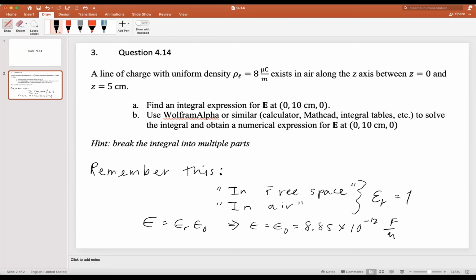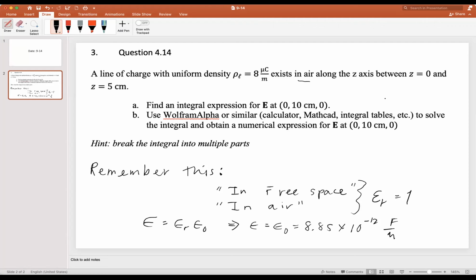So when you're reading through a problem and you see something that says in air or in free space, then know that when you get to the part where you're solving and you need to choose an epsilon, you can choose the constant epsilon naught, because the relative permittivity of free space or air is equal to 1.